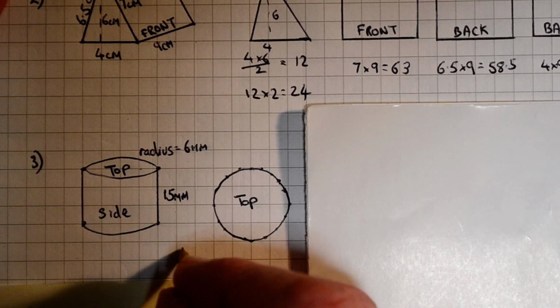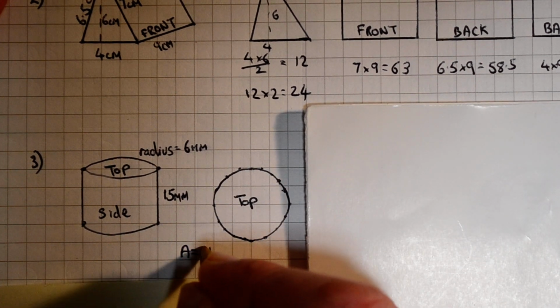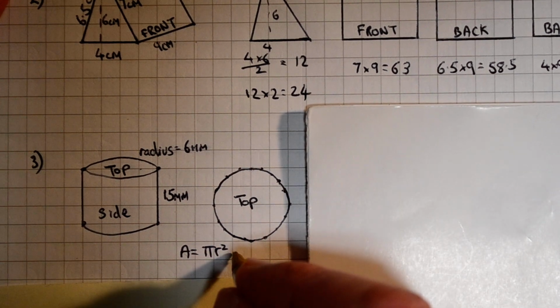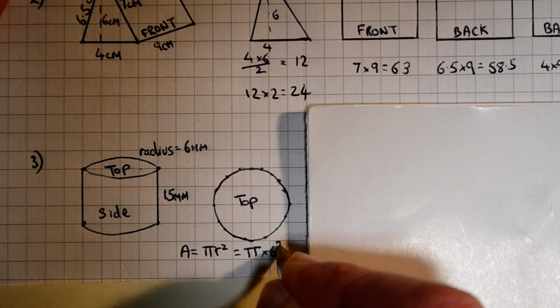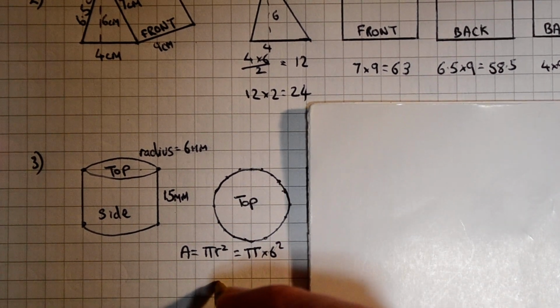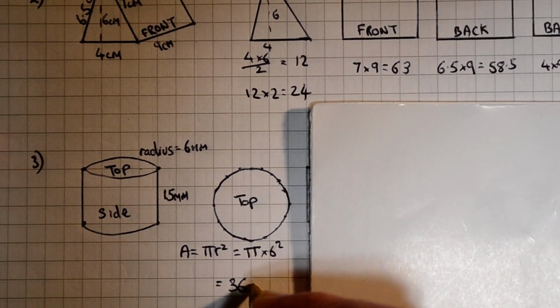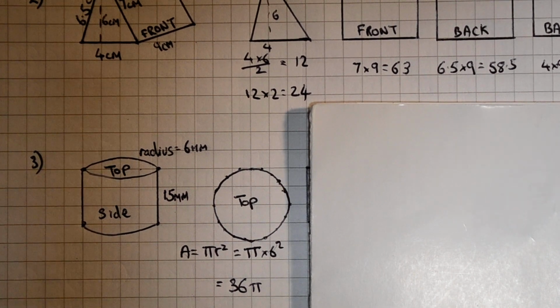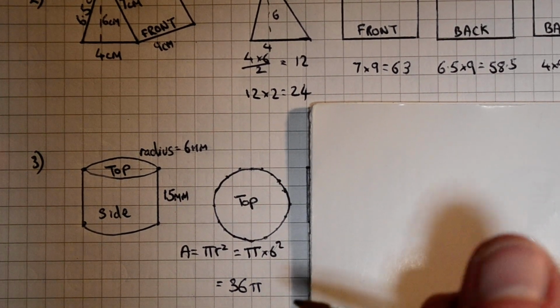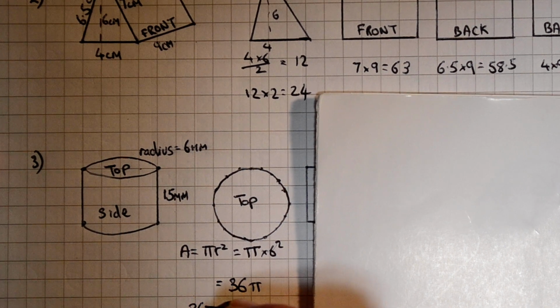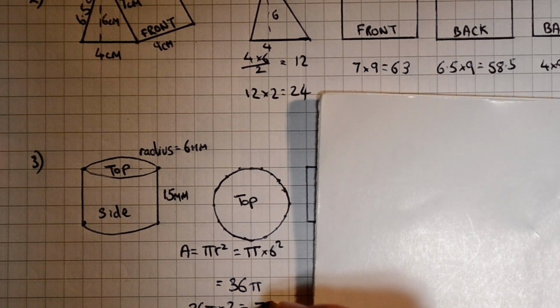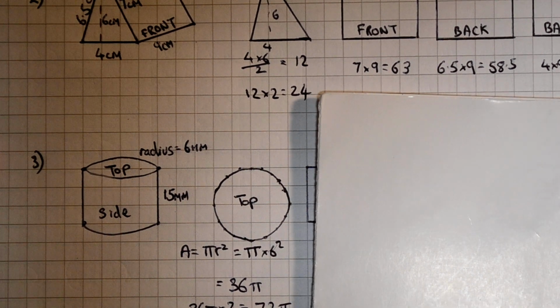So area equals pi r squared. That's going to be the radius squared, which gives us, in terms of pi, 36 pi. Now we said there was top and bottom, so if we do 36 times 2, that gives us our total for our top and bottom.